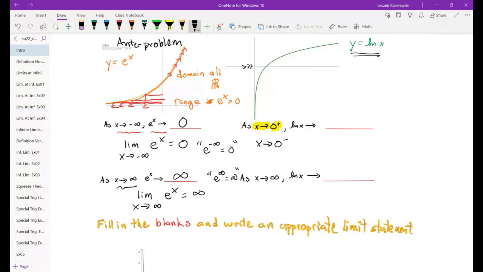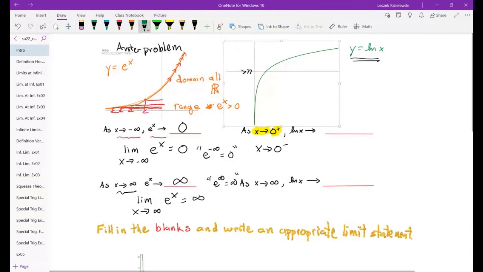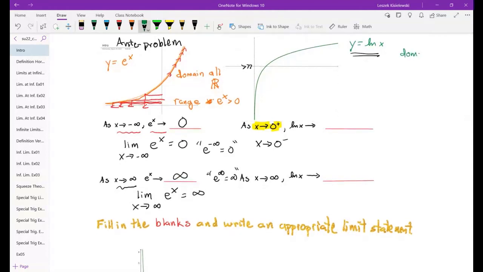Yeah, so we see that the domain of log will be exactly the range of the exponential function, but it's only positive numbers, positive real numbers, but the range of log is just the domain of the exponential, so it's all real numbers.